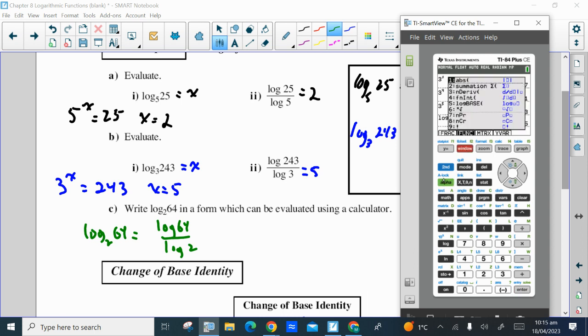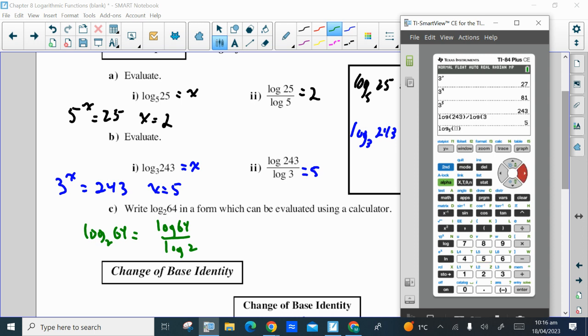If your calculator has F1, F2, F3, F4, F5 above these buttons at the top, it should have this function there. By going alpha and then hitting F2, notice that number 5 in this list is log with a base. So I choose number 5 and I can input a log with any base.